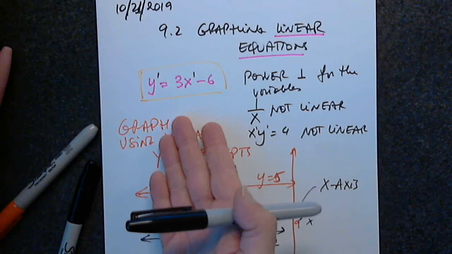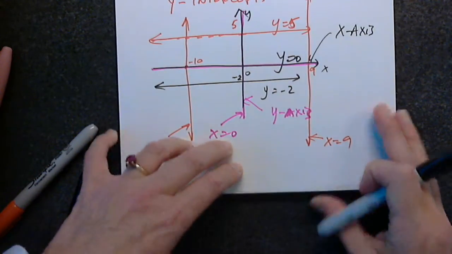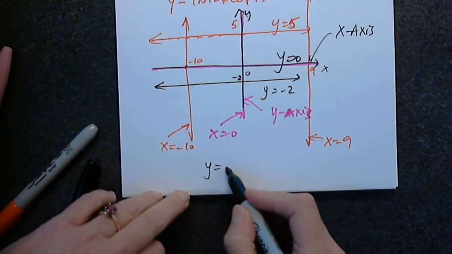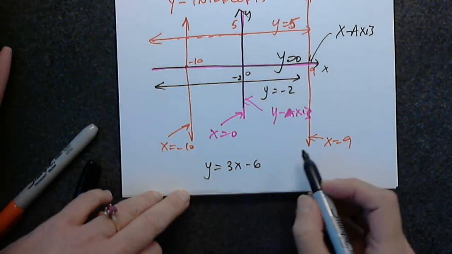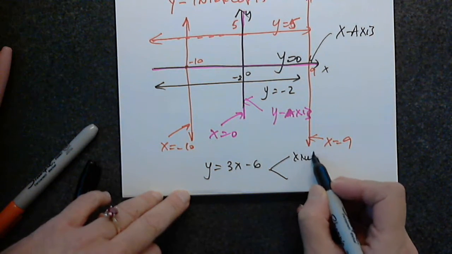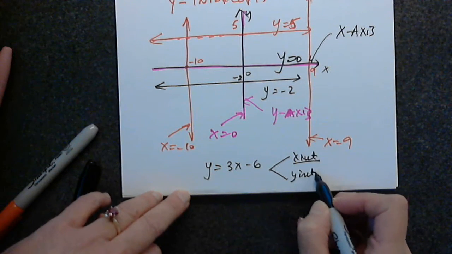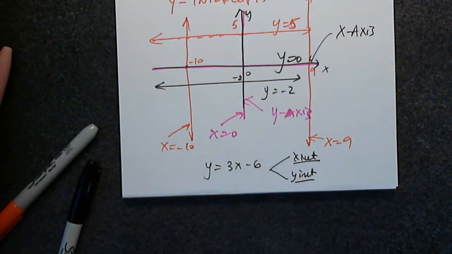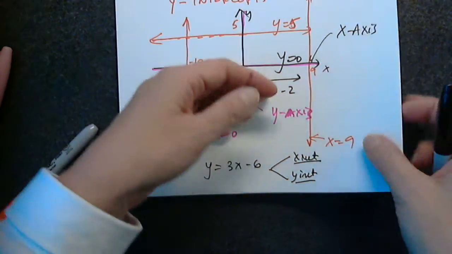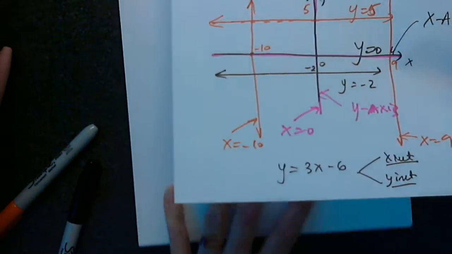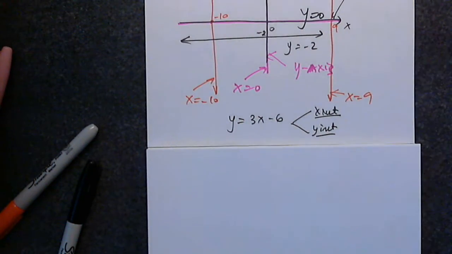What does this have to do with what we're talking about? A lot. So finally, I would like to look at 3x minus 6 and find the x-intercept and the y-intercept. If I want to find the x-intercept, I have to make what?